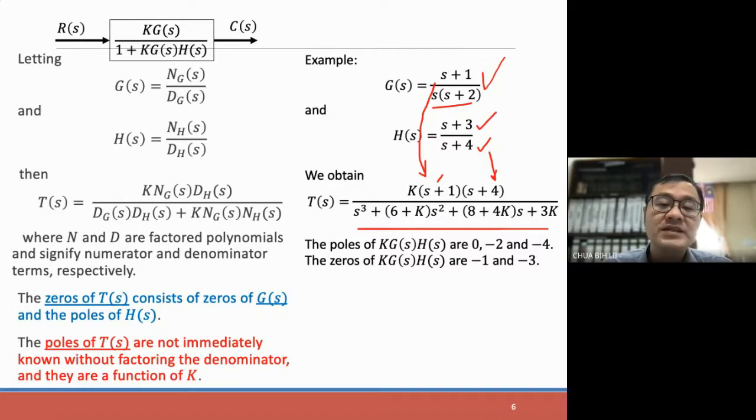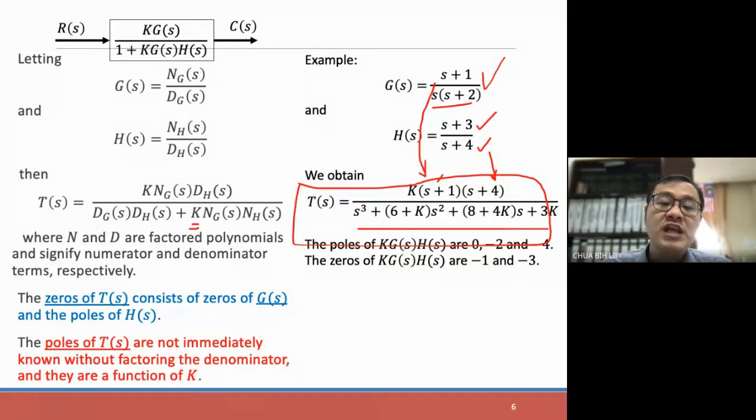Once you get this form of transfer function, you may start to realize that, as we have expected, the K would be affecting your roots.